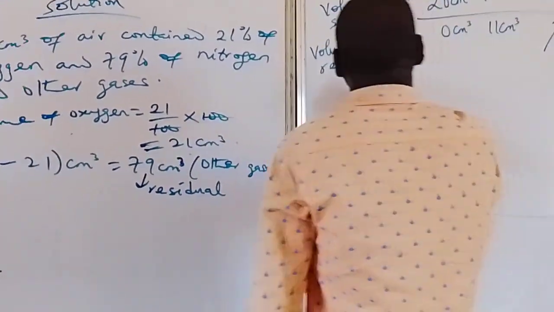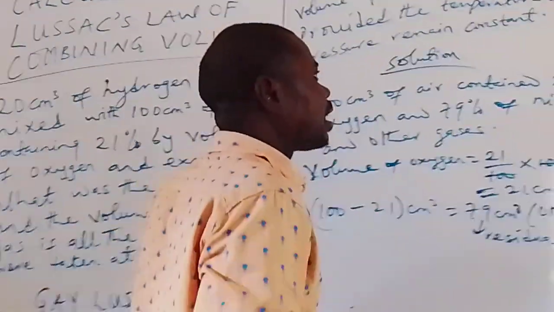The question goes in 2 ways. The question says what was the composition and the volume of the residual gases. So you now have to answer the question in 2 ways.